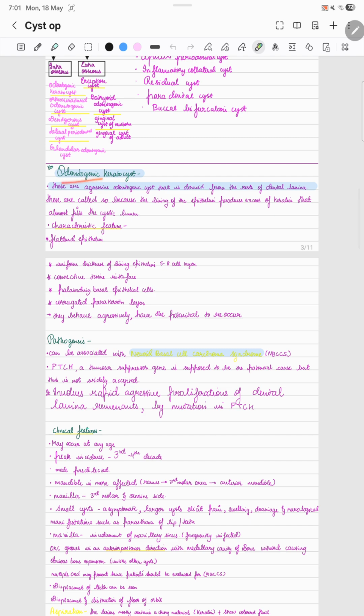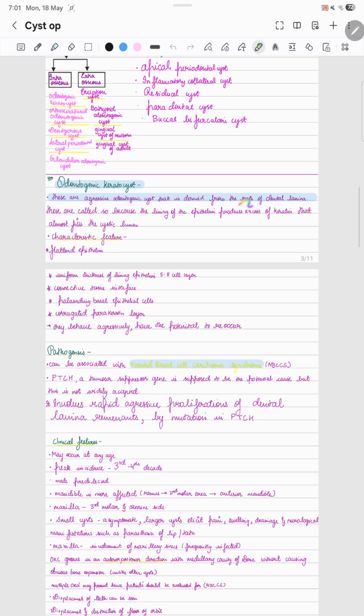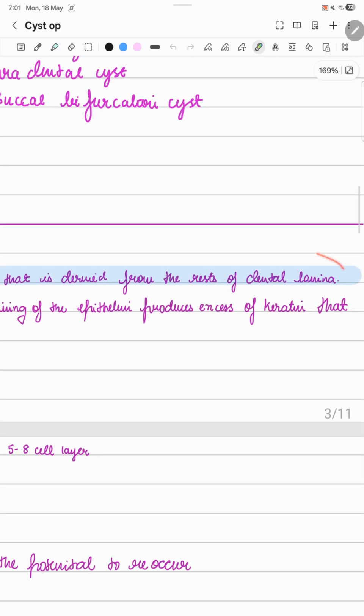Odontogenic keratocysts are aggressive odontogenic cysts that are derived from rests of dental lamina. So what are the rests of dental lamina? You read this in your first year. You remember your enamel organ extending, and then once the tooth is formed, this dental lamina degenerates, and some remnants of the dental lamina remain.